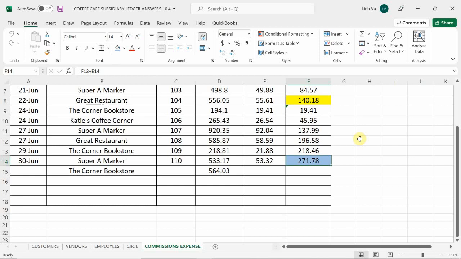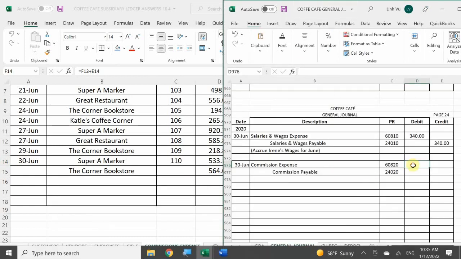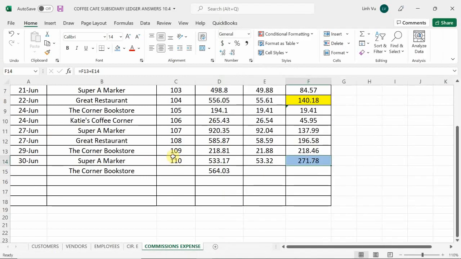I'm going to highlight it as another color just so that I can recognize that this amount, 271.78, is not what I'm going to pay him on the pay date. This is just to accrue. Okay, so in this case, I currently owe Albert $271.78.